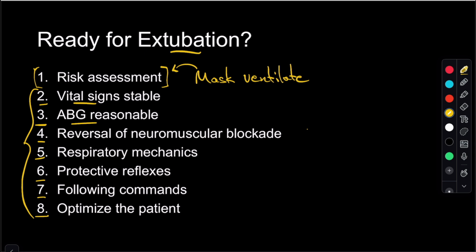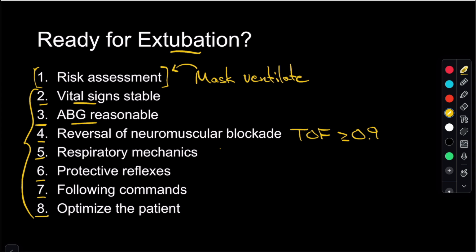So if a non-depolarizing agent like rocuronium was used, then you could use sugammadex. The other way that you could evaluate this is if you have a train-of-four monitor that can produce quantitative values, then this should be greater than or equal to 0.9. That's criteria enough that it would be safe for them to be extubated from a neuromuscular perspective.